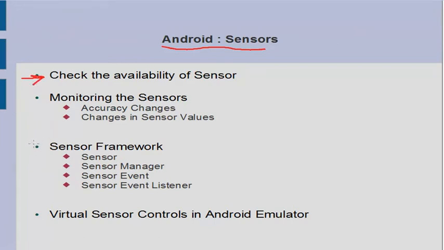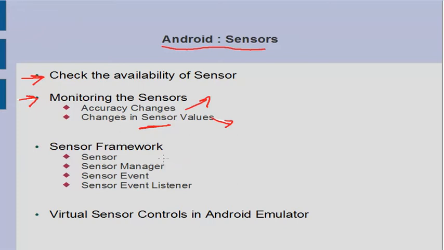And then, if we see that a certain sensor is available, we will add something to our code or software to monitor those sensors. We can, for example, monitor the accuracy changes in the value of those sensors, or monitor the changes in the value of these sensors if the sensor parameters change.